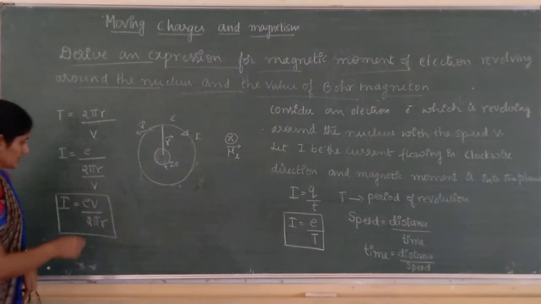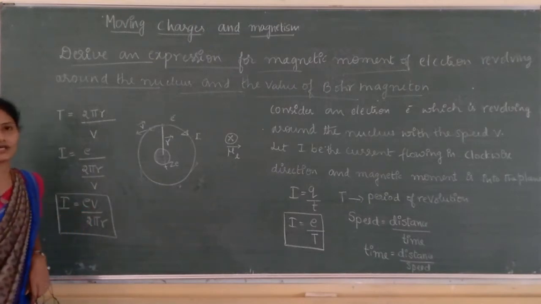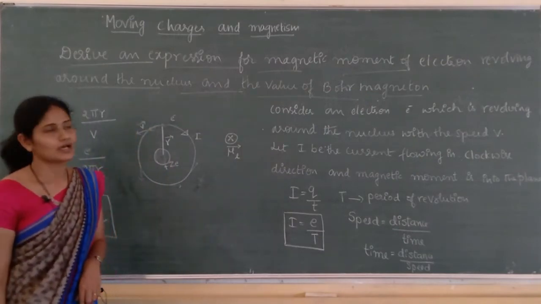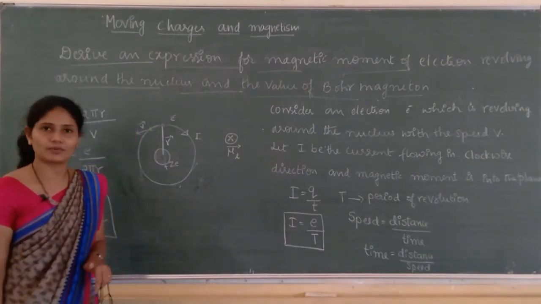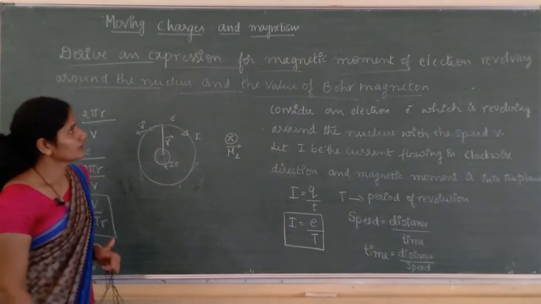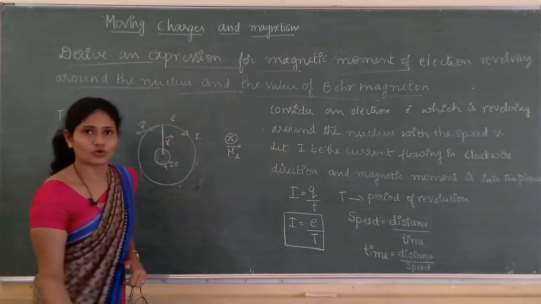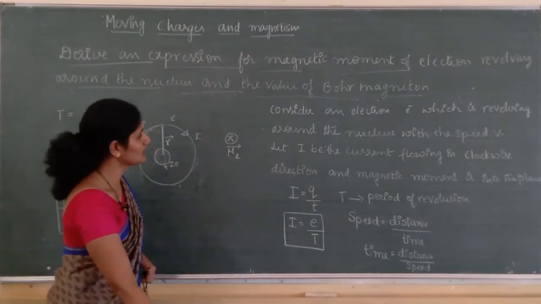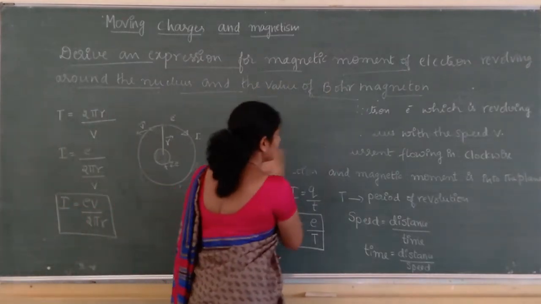Okay? ev divided by 2 pi r. We know that the magnetic moment is usually represented by m, but magnetic moment of electron is represented by mu L. So, magnetic moment mu L is equal to I into A.